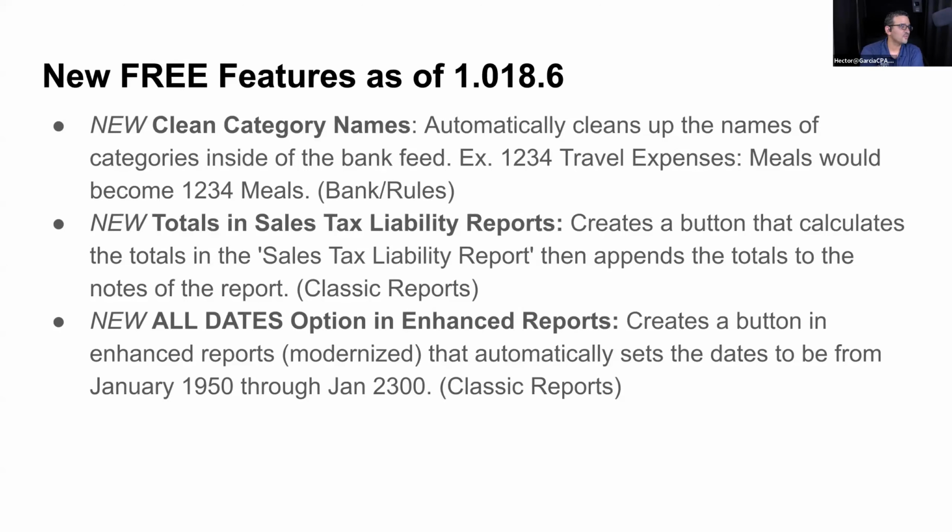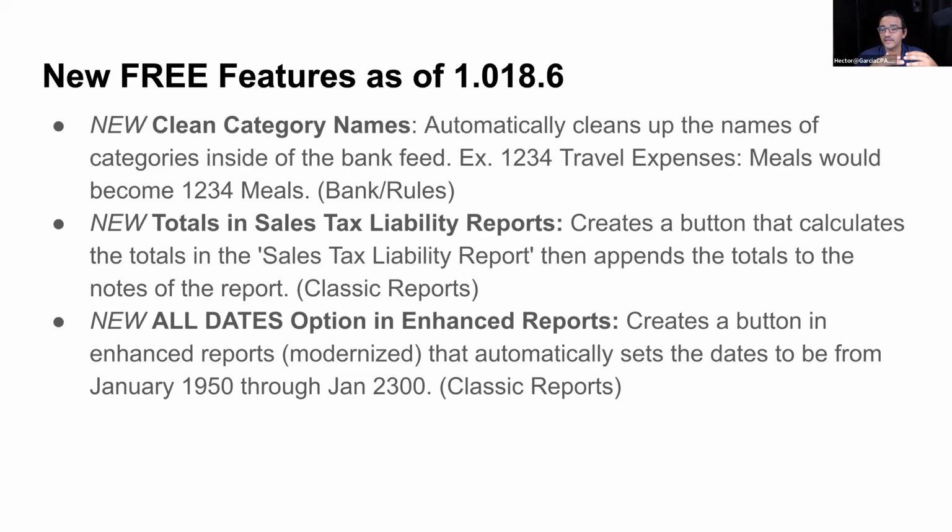And the first one, clean category names. This one's actually a work in progress. We're getting multiple feedback about what people want. So what I asked Mark originally, and I showed him a chart of accounts that has one layer of sub-accounts, was: when you see a long account name in bank feeds, and I can't see what the end account is, could you shorten that for me so I can only see the second account?